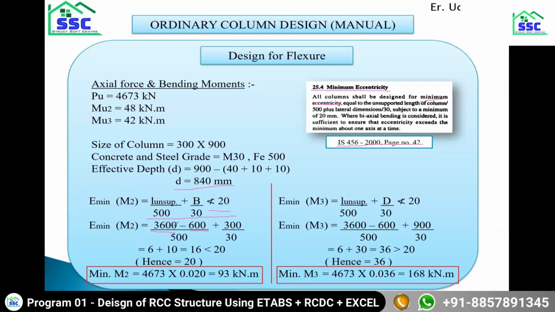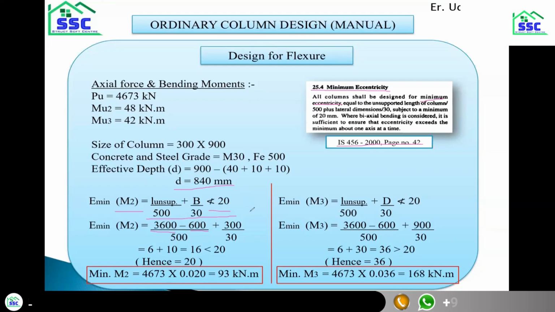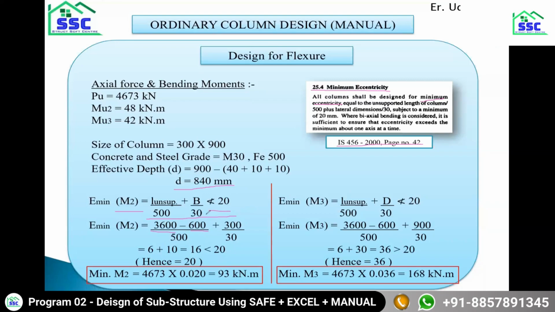So 3600 minus 600 divided by 500 plus 300 divided by 30, because we are calculating the minimum eccentricity about the minor axis right now. If you work this out, it comes out to be 16 mm, which is less than 20 mm. So we will stick to the value of 20 mm.